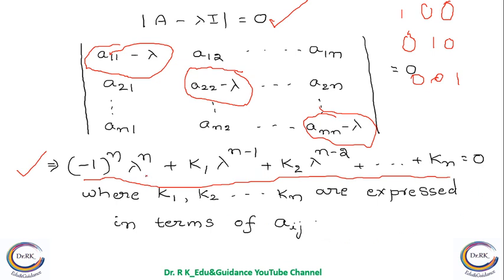Here k1, k2 are nothing but, depending on the expansion, the addition, subtraction or combination of the entries a11, a22, a12, a13, the aij's and so on. So this is the characteristic equation and how it looks.